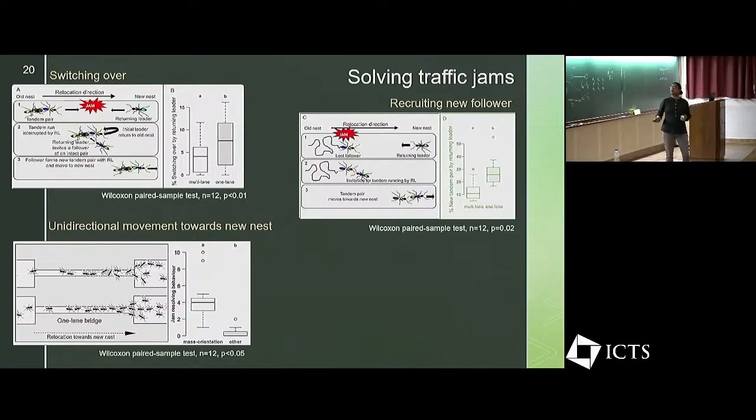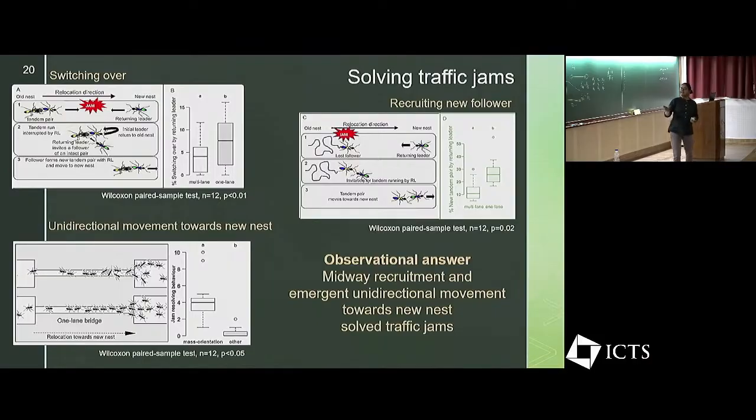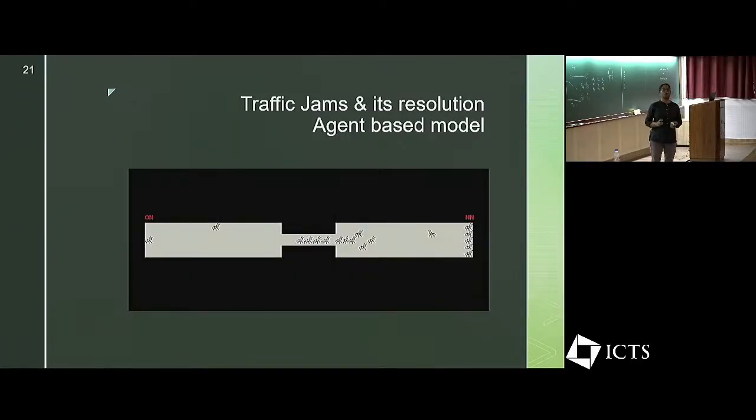All right, so observationally, we can answer that midway recruitment and emergent unidirectional movement solve these traffic jams. However, there are many things that we will not be able to understand because we cannot ask the ants in the same language that we can with humans. So we employed an alternate approach, which is to do an agent-based model where we mimic what happens in the jam.